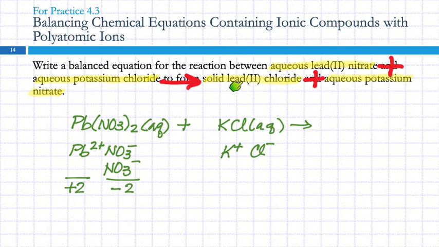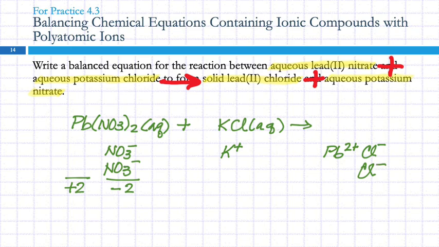So now we need lead-2 chloride. Well, we already have our ions here. That's lead-2, and this is chloride. So what's the formula for that going to be? I need two of those, right?